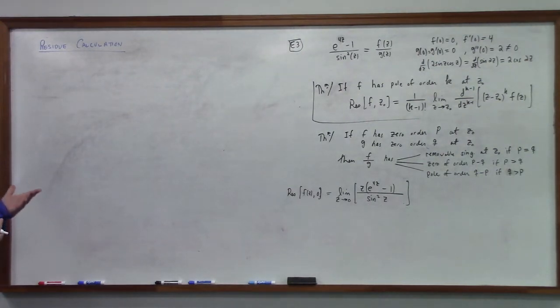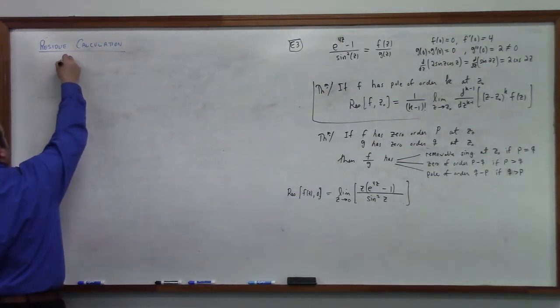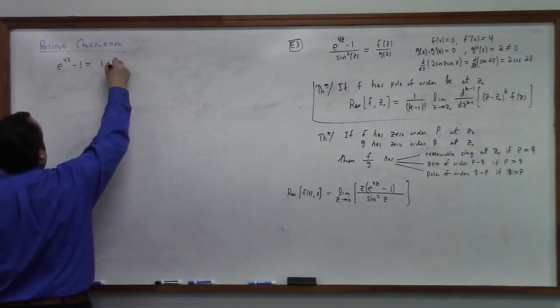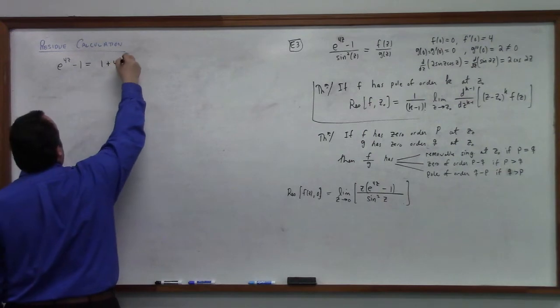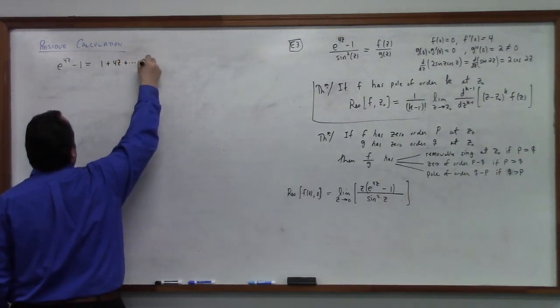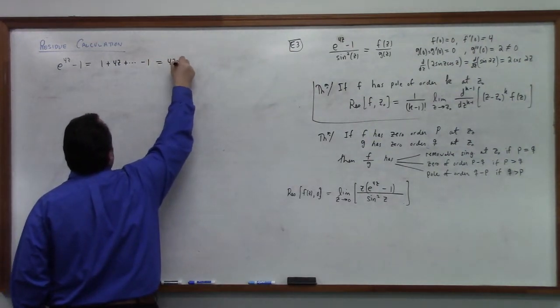Because it's got a pole, right? So what we do, at least what I do, is this. e to the 4z minus 1 is 1 plus 4z plus stuff, minus 1, right? So this is basically 4z plus other things.